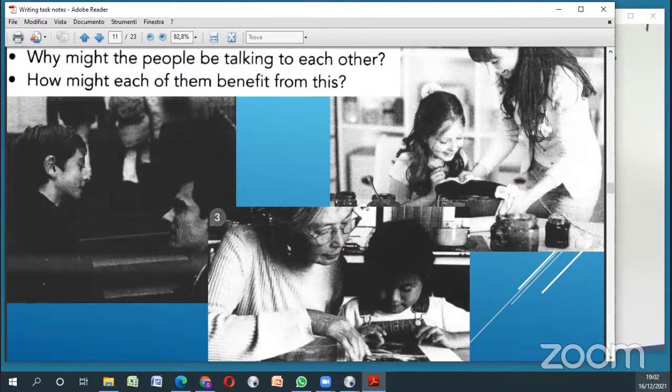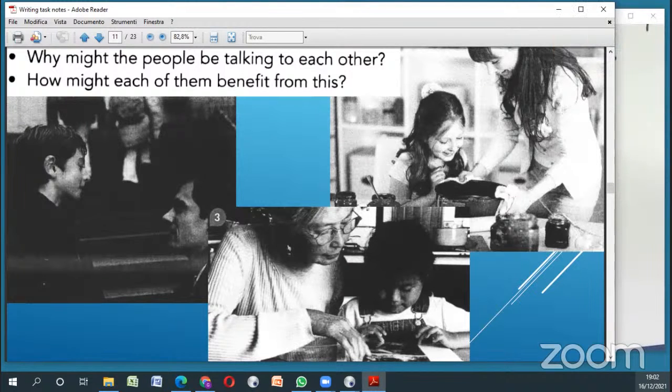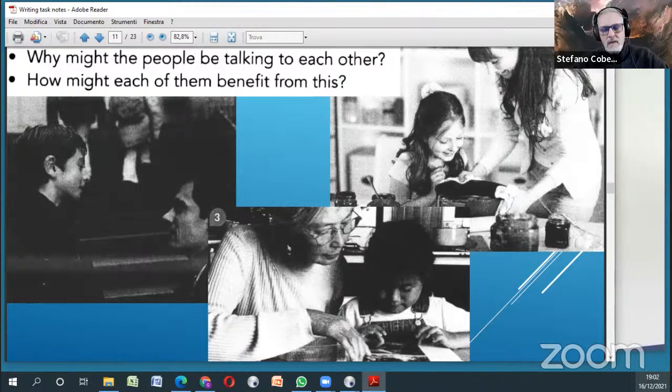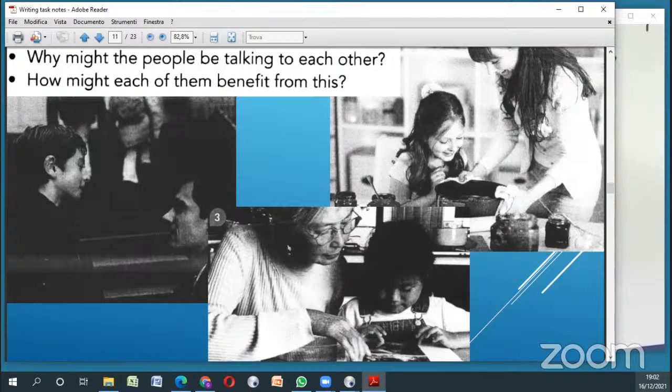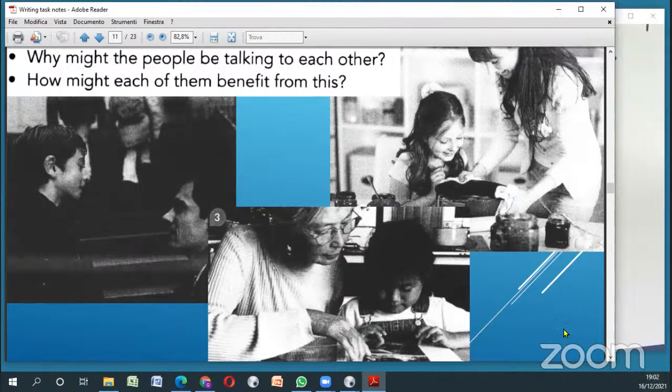Okay, I like the photographs. I think they convey a deep meaning, apart from the quality of the photos. If we have to talk about the benefit that each person can have, I find a lot of benefits that they can share. So I like them better than the first couple that he showed us.